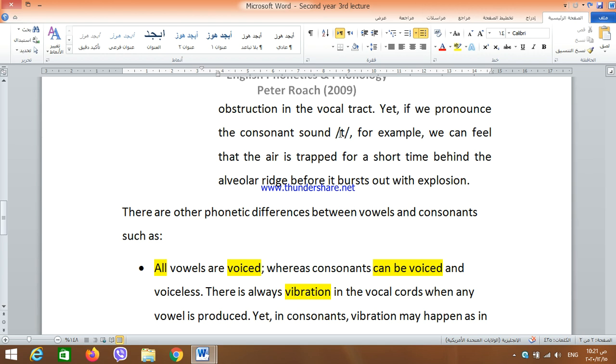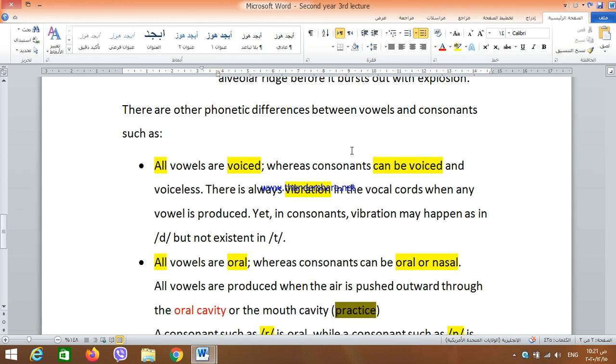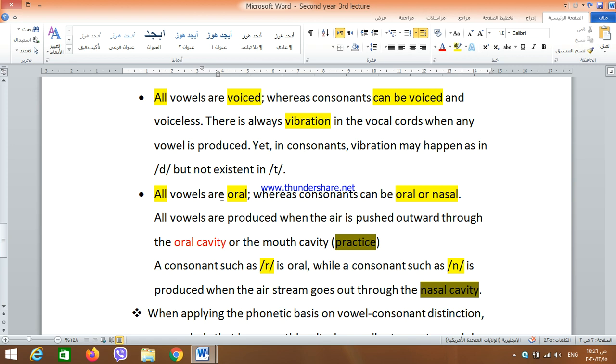Okay? Now, there are other phonetic differences between vowels and consonants, such as all vowels are voiced, whereas consonants can be voiced or voiceless. When we say vowels are voiced, it means that whenever we have a vowel, we should have vibration accompanying its pronunciation.